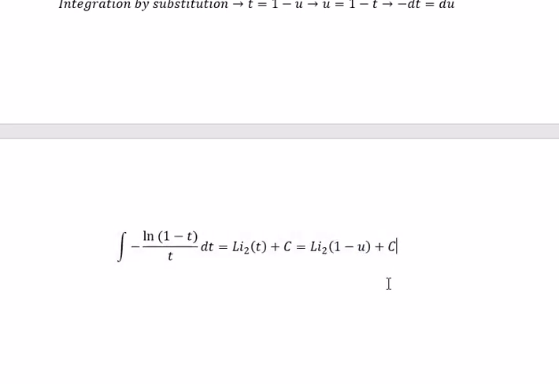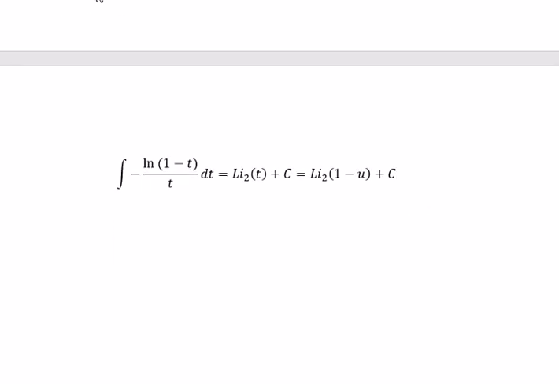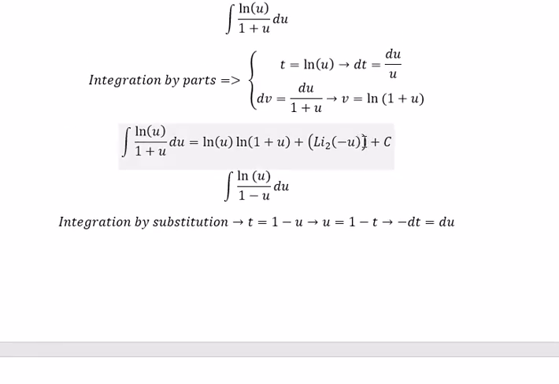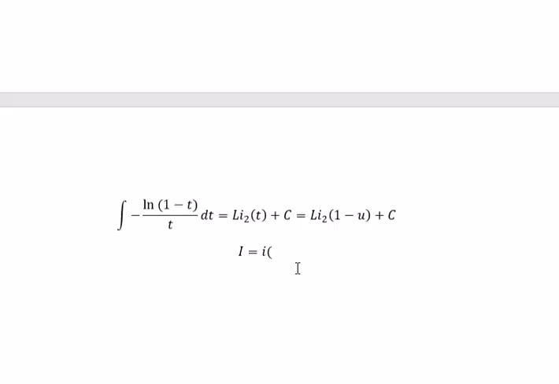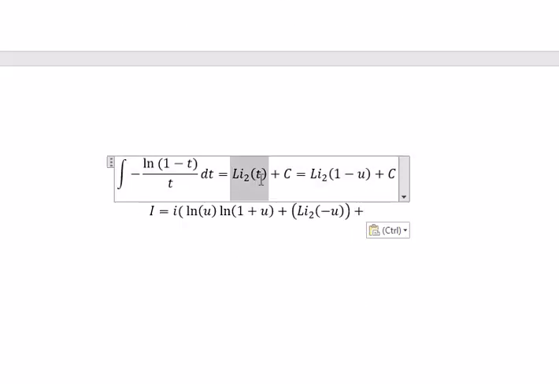After we calculate everything, now we combine the answer. We combine with this one and this one.